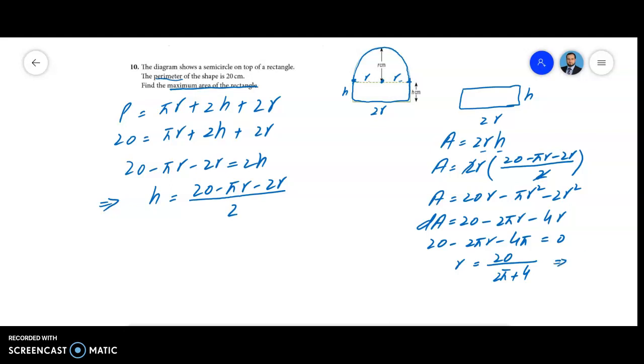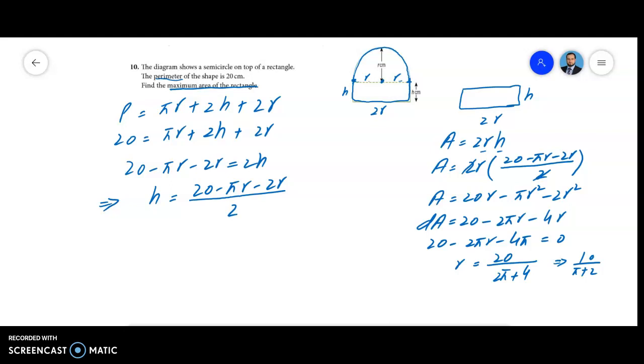If we simplify this, we take 2 as a common factor, so 20 divided by 2 is 10, and in the denominator we'll get pi plus 2.